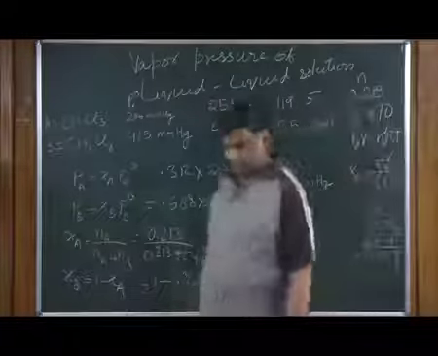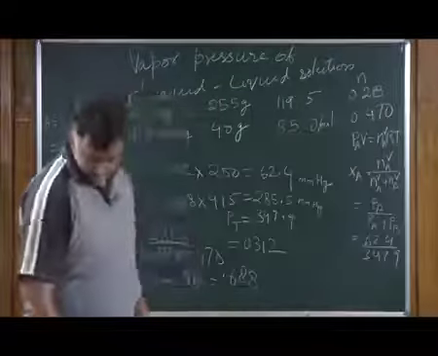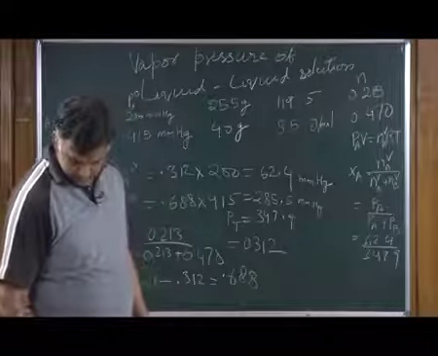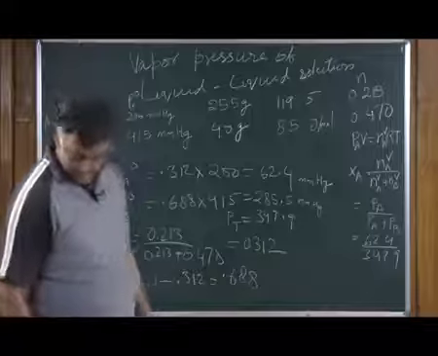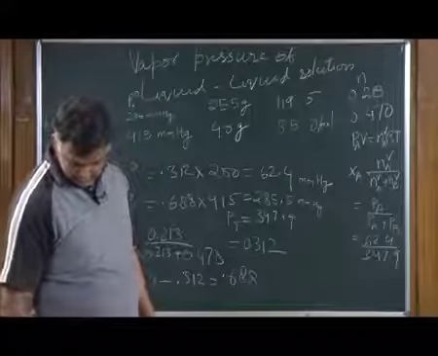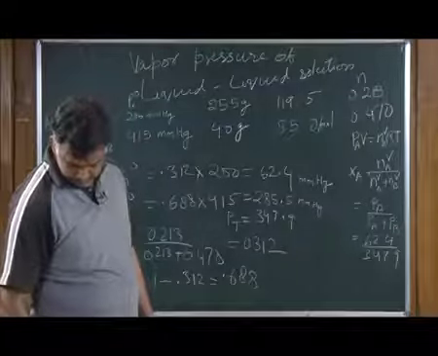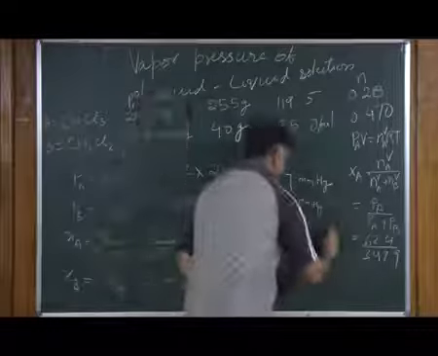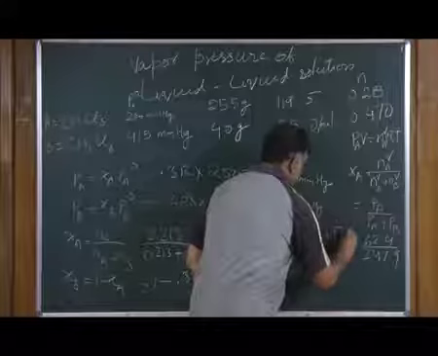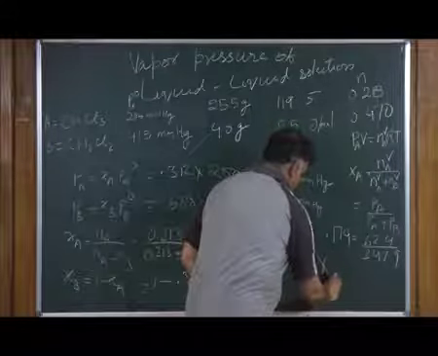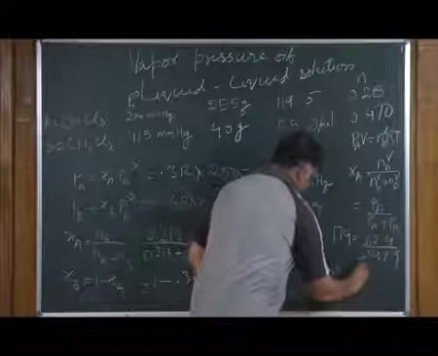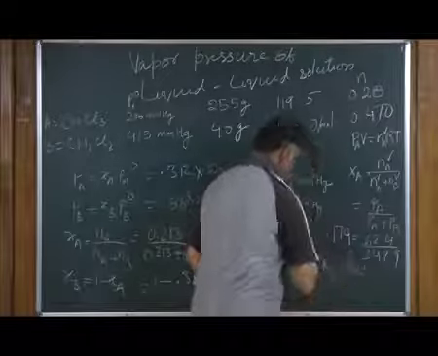So, let us see, 62.4 divided by 347.9. So, 0.179. And what about X B? That would be 1 minus X A. So, I get 0.821.